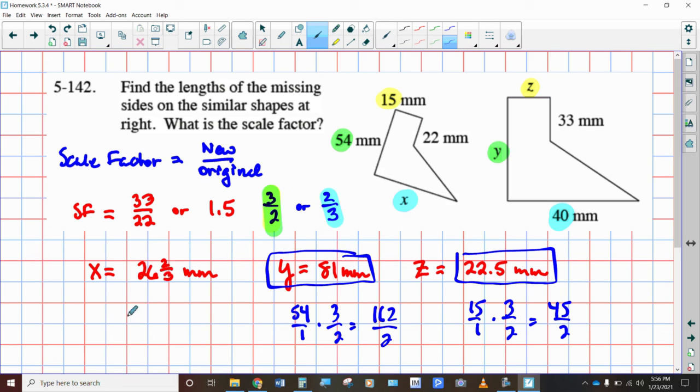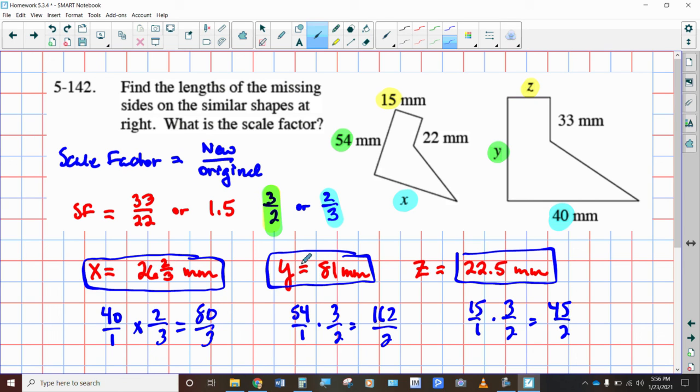If we multiply 40 over 1 times 2 over 3, we get 80 over 3. And when you take 80 and divide it by 3, you end up getting 26.6 repeated, or as a mixed number, 26 2/3 millimeters.